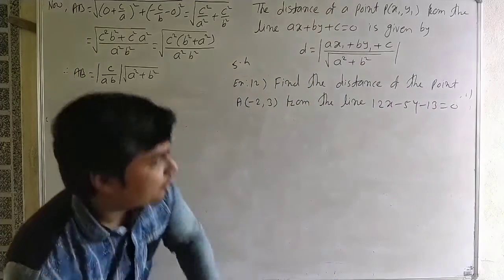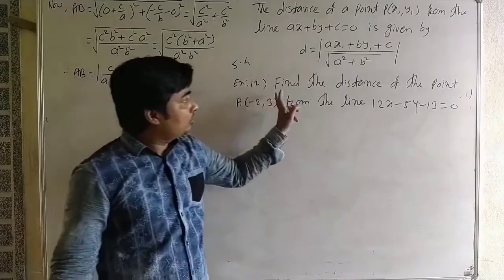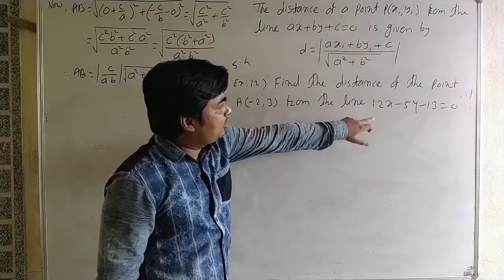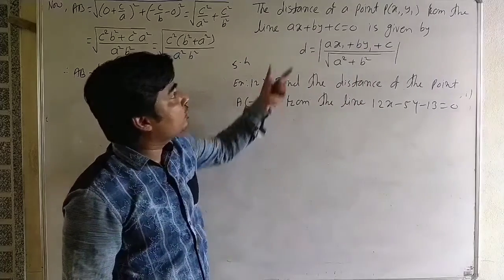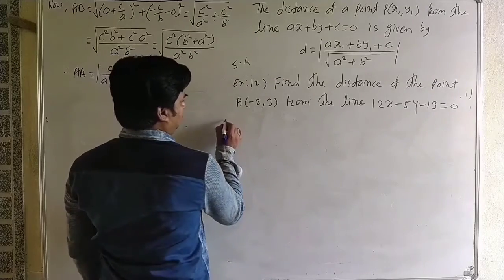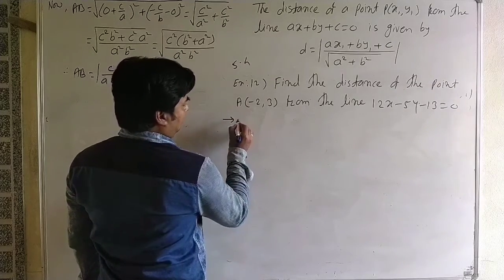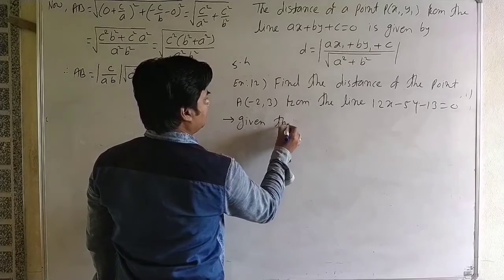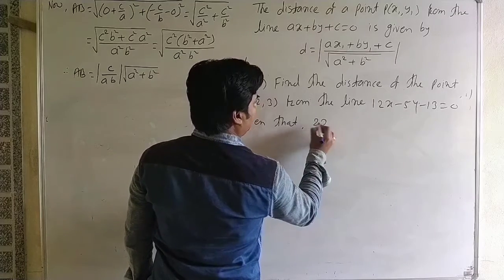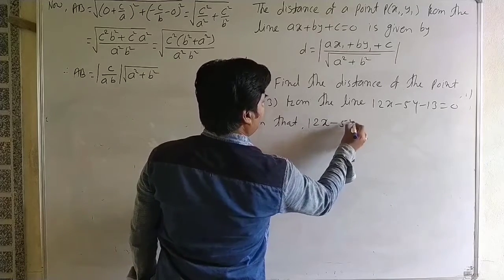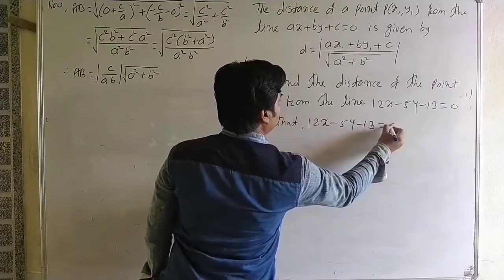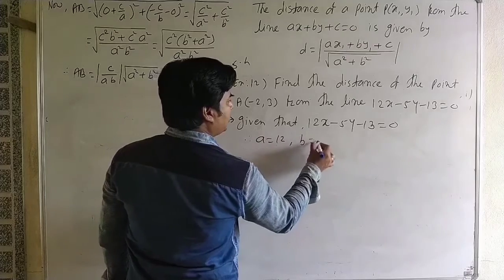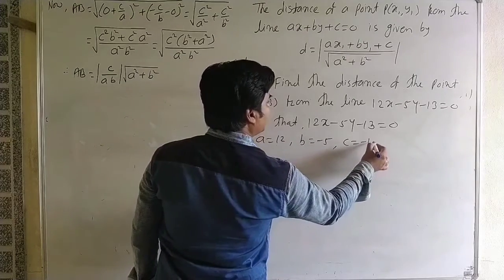Okay. Now we find the distance of point from the line. Here, line ax plus by plus c is given, and the point is x1 comma y1. Okay. Now here, given that line 12x minus 5y minus 13 is equal to 0, therefore we can take a is equal to 12, b is equal to minus 5, and c is equal to minus 13.